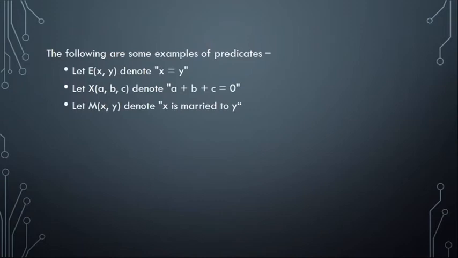Let E(x, y) be denoted by x equals y, then let Q(x, a, b, c) be denoted by a plus b plus c equals 0, then let M(x, y) be denoted by x is married to y. So these capital letters E, Q, and M are the predicates.